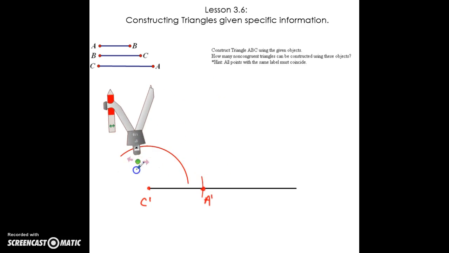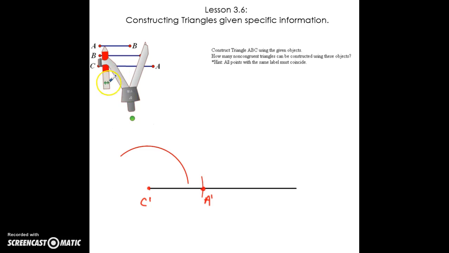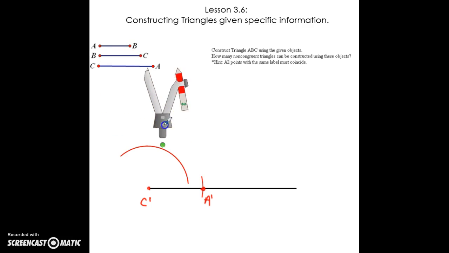Alright, so my next measurement is going to come off of corner A. I'll measure out to AB.